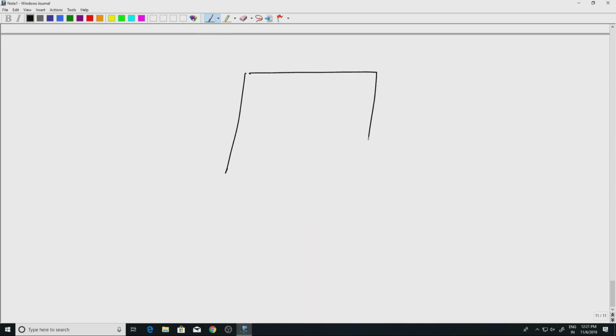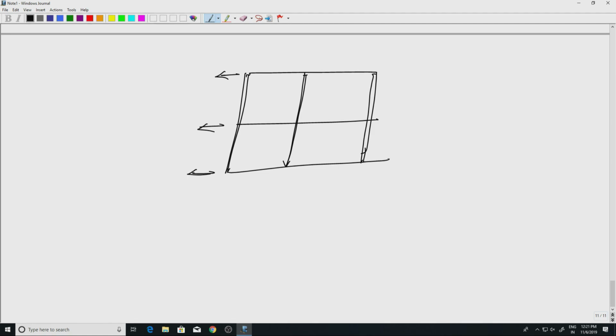Let us see here. A mirror here, two-fold here, now 1, 2, 3, 4, 5, 6, 7, 8. Compare 1 and 8.